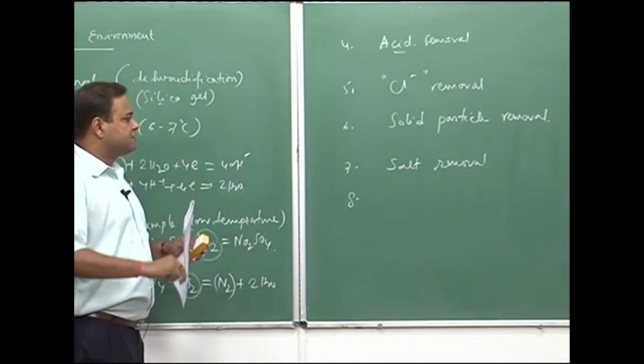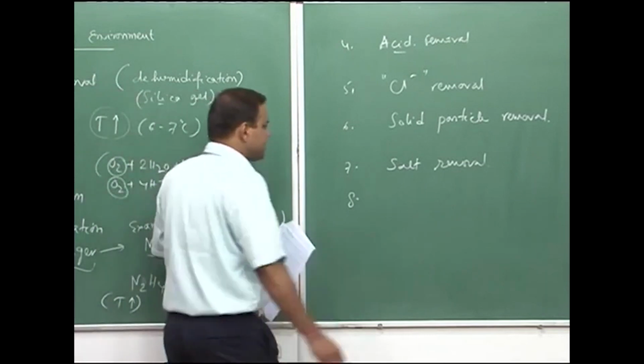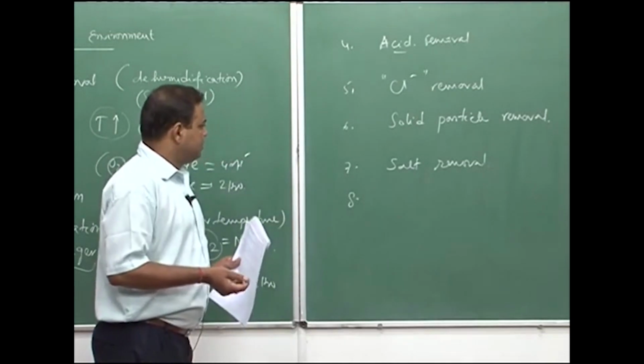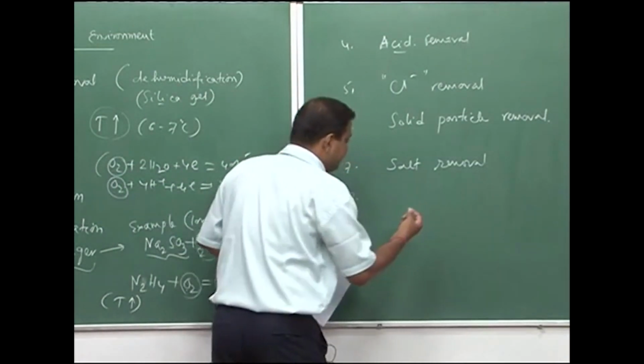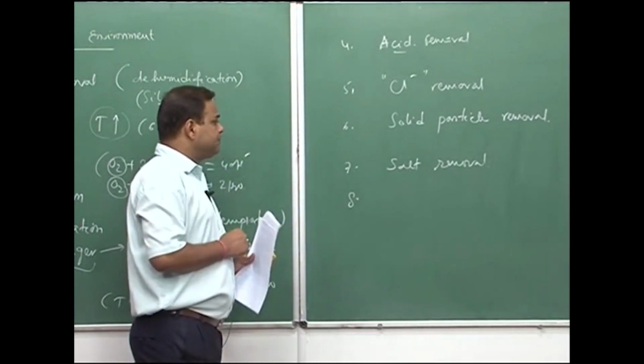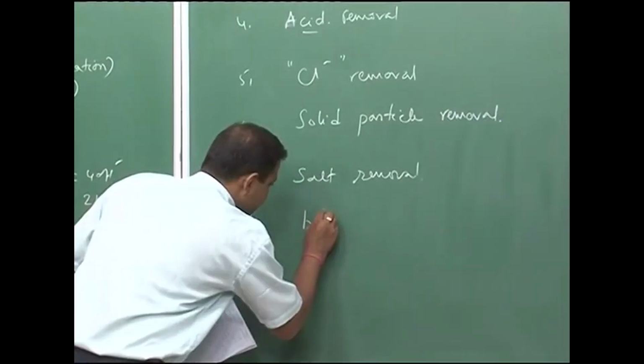Those chemicals are either organic or inorganic, or they can be in the form of vapor. Those are called inhibitors.